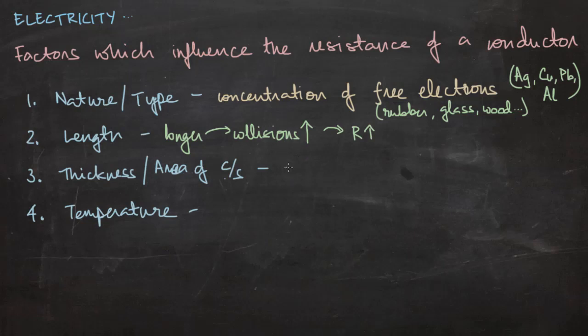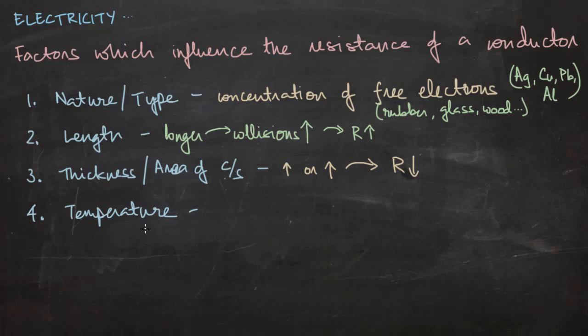Hence, if the thickness increases, or if the area of cross section increases, the resistance would decrease. That is because now those free electrons have a larger amount of space or passage to go through.